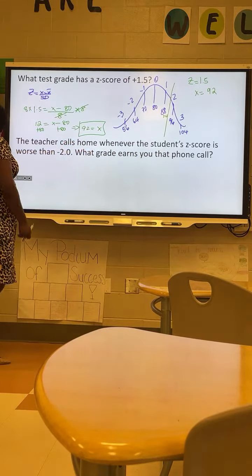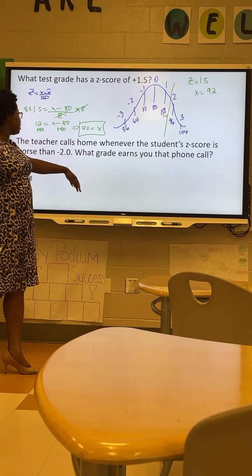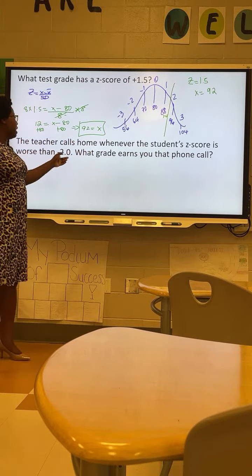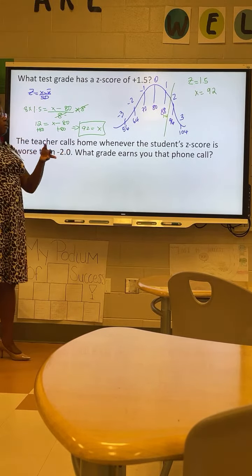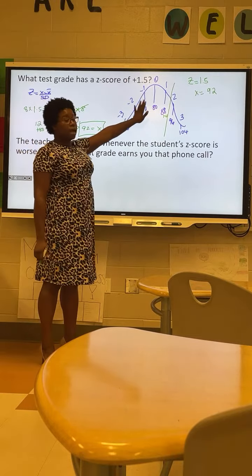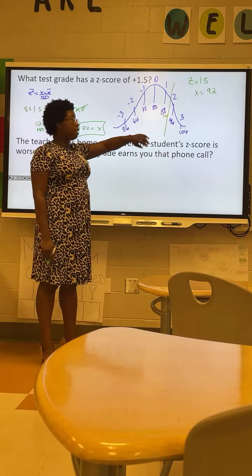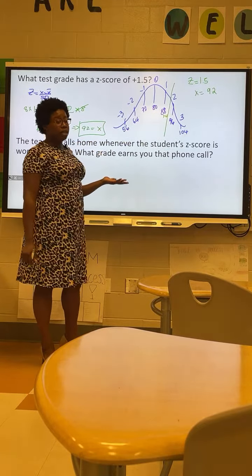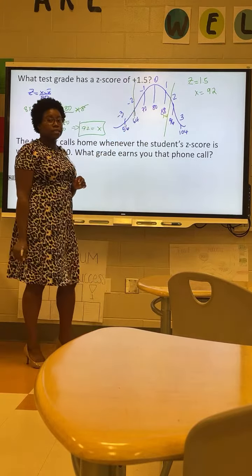So a question Sam is asking: a teacher calls home whenever your z-score is less than negative 2.0, or negative 2. What scores earn a call home? What you basically do is examine your z-values and your raw data on your bell curve and look for negative 2. So negative 2 is right here at 64.